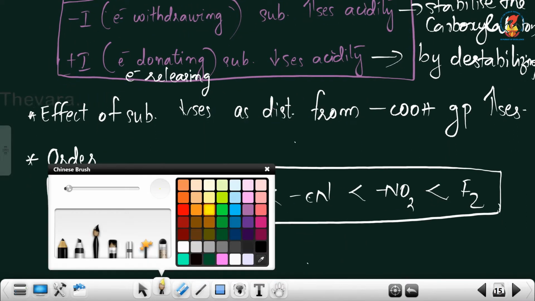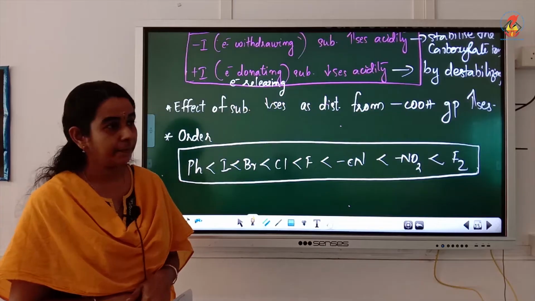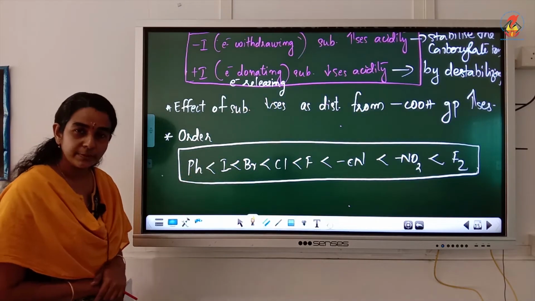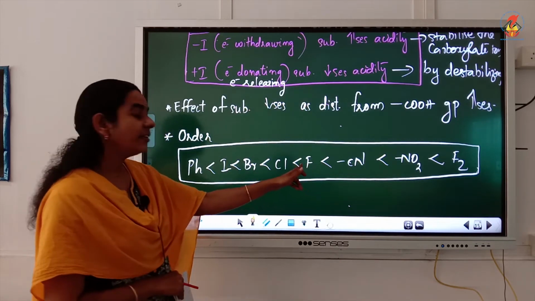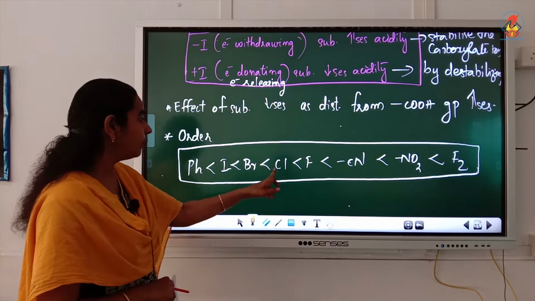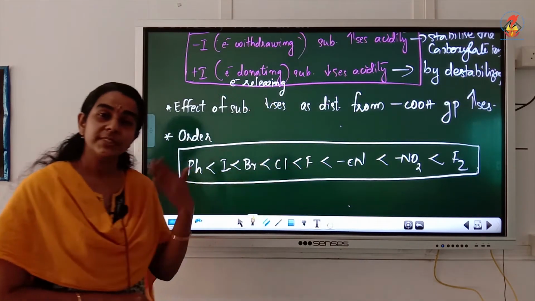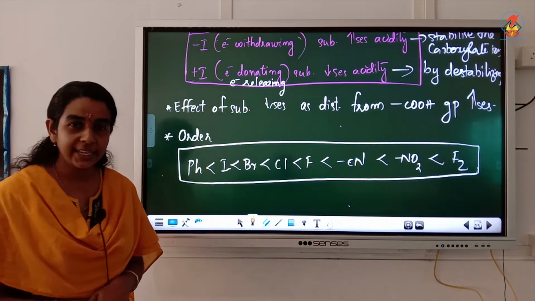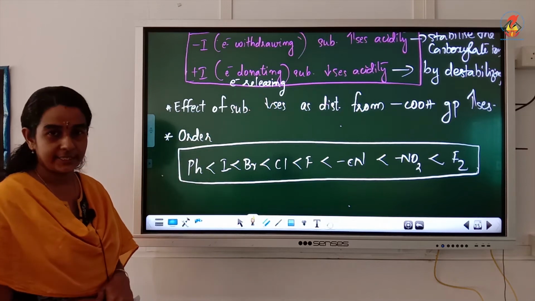Now, the most important point is that the effect of a substituent, whether it is plus I or minus I, will decrease when the distance from the carboxylic acid group increases. And the order of the effect of substituents is clear from this order. When we consider halogens, fluorine, chlorine, bromine and iodine, acids with fluorine will be more acidic than chloro acids, than bromo acids and iodo acids.